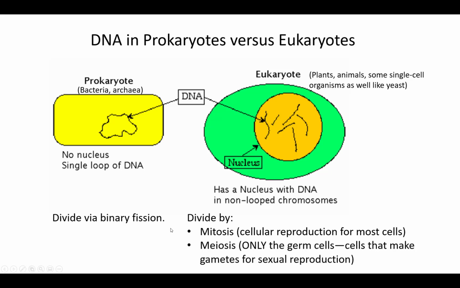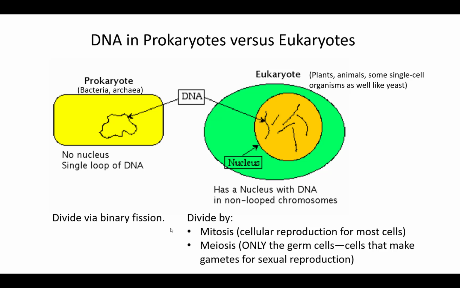So if we think about how these different types of species divide and how they reproduce, prokaryotes divide by splitting, and both daughter cells are the same as the mother cell, and that splitting is called binary fission. Eukaryotic cells, on the other hand, divide in two different ways. First of all, by mitosis.